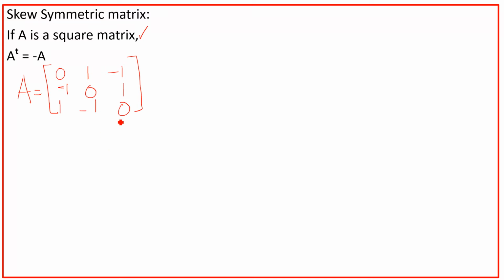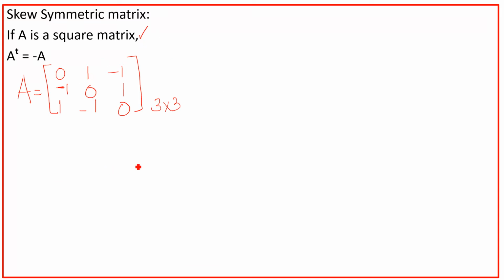This is the matrix. If someone asks you whether it is a skew symmetric matrix or not, first you have to find out whether it is a square matrix or not. 1, 2, 3, 1, 2, 3. Its dimensions are 3 by 3, means number of rows is equal to number of columns. So first condition is satisfied.